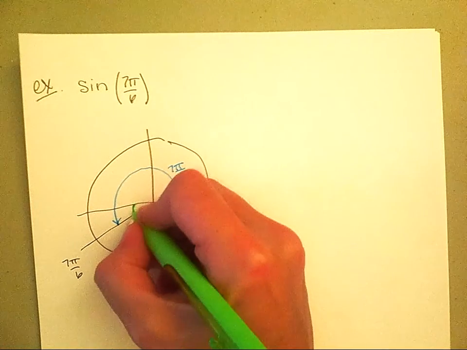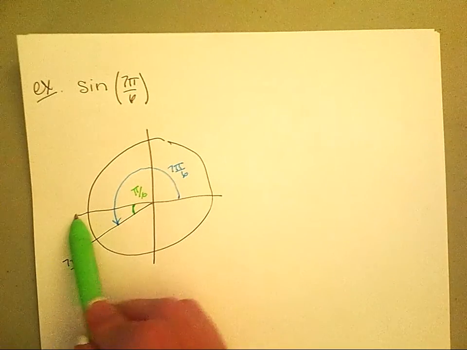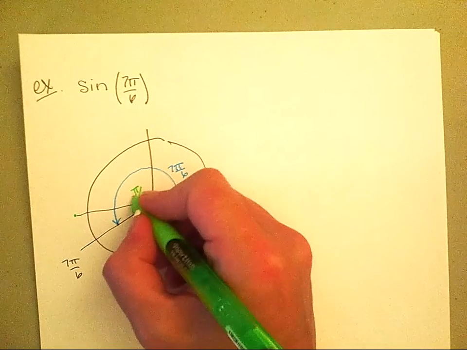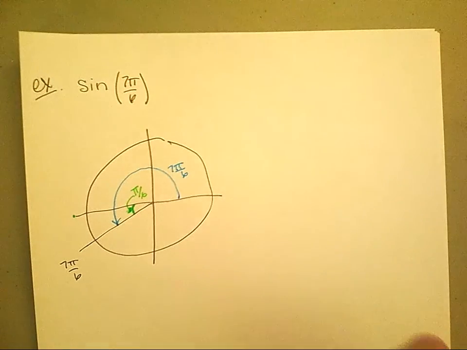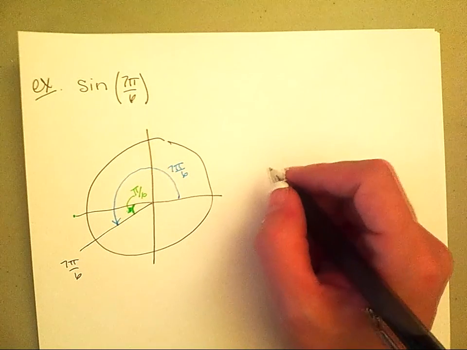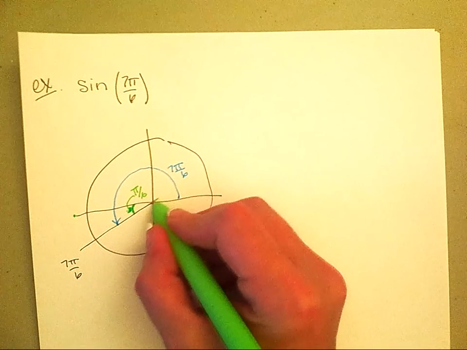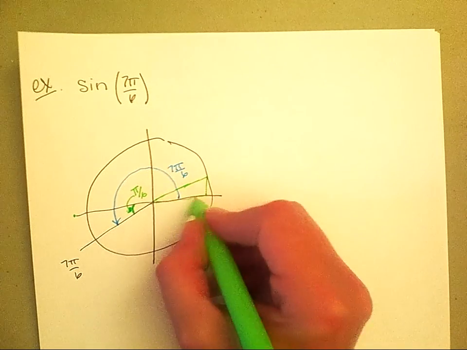And then our reference angle is here. I said I was going here, 6 pi over 6, and I needed to go an additional pi over 6. So that's our reference angle. So what we know then is, now pi over 6 is here.